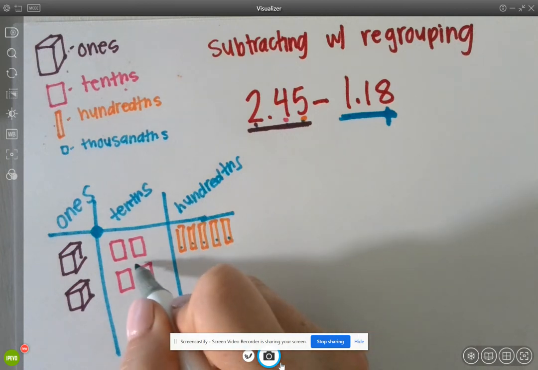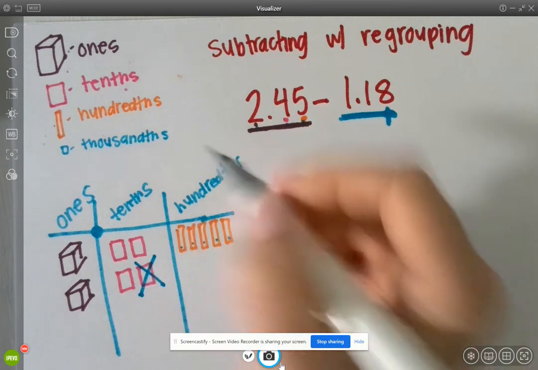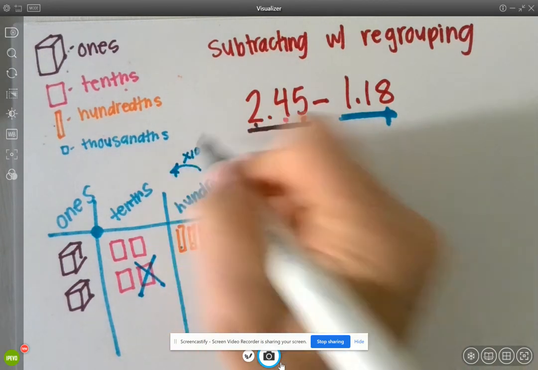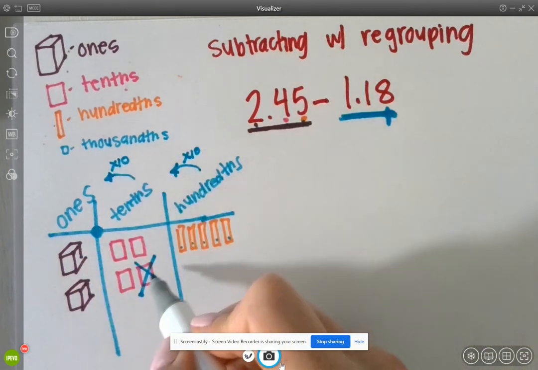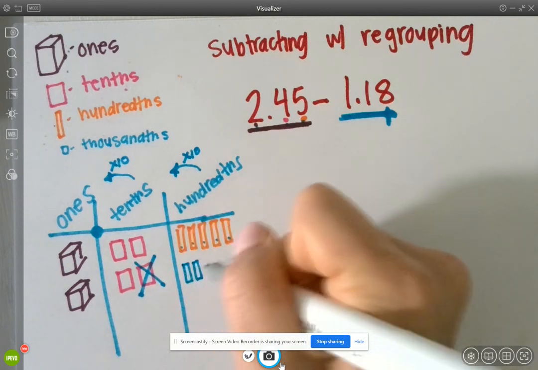So I'm going to take 1/10 from here, but if we remember, every time we move up on the place value chart, it's going up by a power of 10. So 1/10 would equal 10 hundredths.